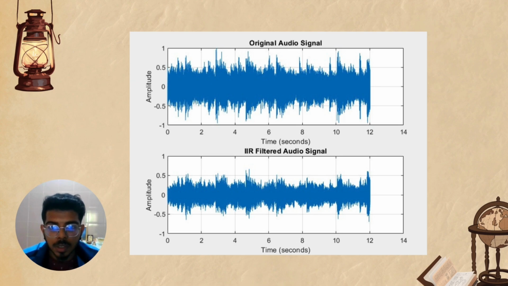So, firstly, the waveform exhibits chaotic and dense amplitude fluctuations, reflecting the presence of noise throughout the audio signal from the original audio. And then the filtered waveform appears smoother with reduced high frequency noise. And the main structure of the audio signal is preserved while the noise is attenuated.